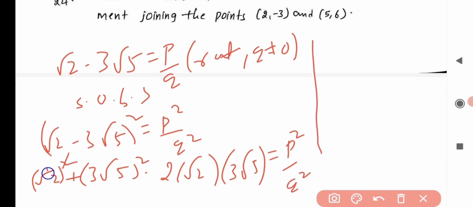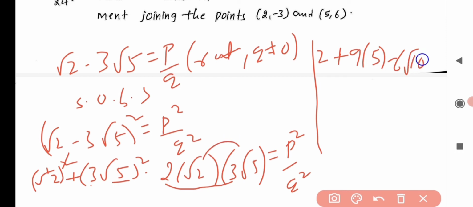Here square root cancels, 2 plus 3 root 5 whole square: 3 has the square and root 5 also has the square. So 3 square means 9. Square root cancels, 5. 9 fives are 45 minus, here only the rational part, 2 threes are 6, into root 5 into root 2, root 10 equals p square by q square.